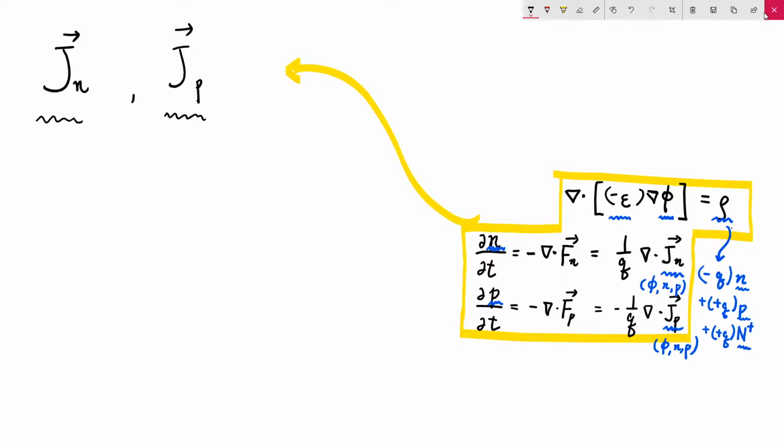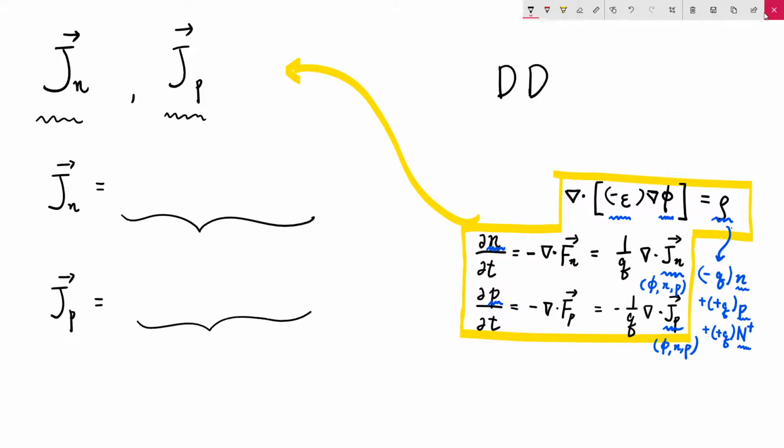J sub n is the electron current density, and J sub p is the hole current density. The reason we call this coupled system drift diffusion originates from the functional form of J sub n and J sub p.